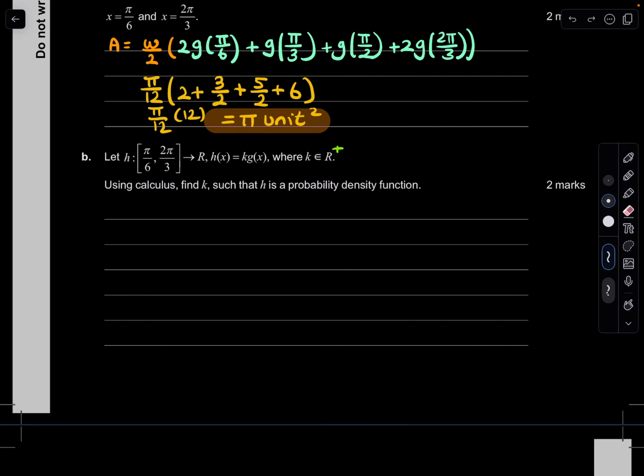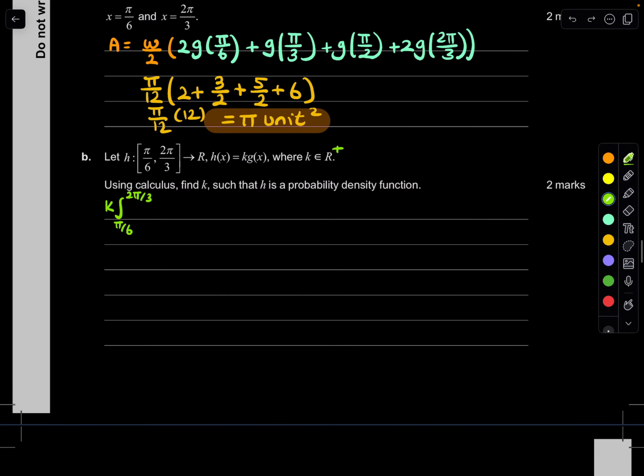So we know that the area under the graph, so let's write it nicely. We know that the area from pi on 6 to 2 pi on 3 of k times g of x, k is a constant, take it out, g of x dx must be equal to 1. That is our expression. So what's g of x?